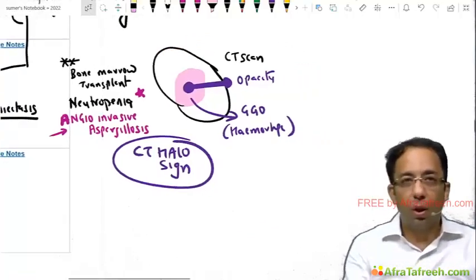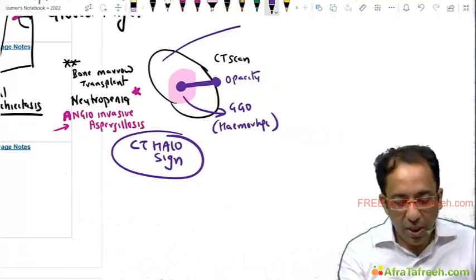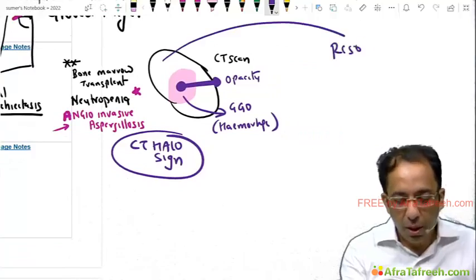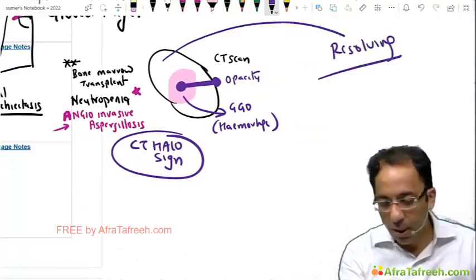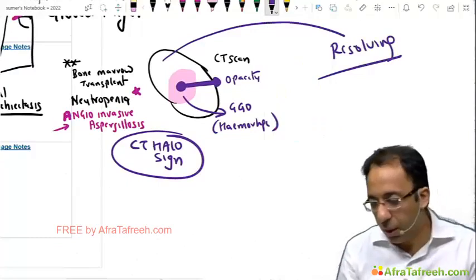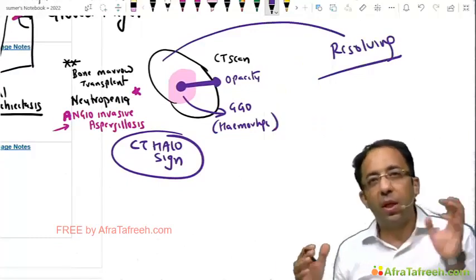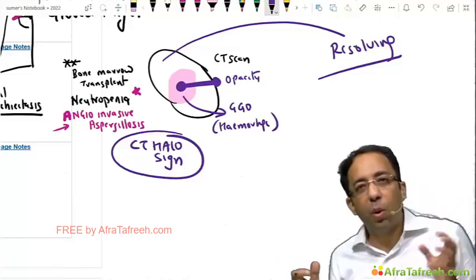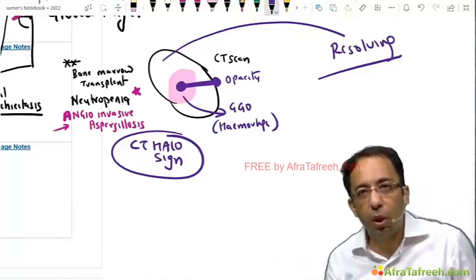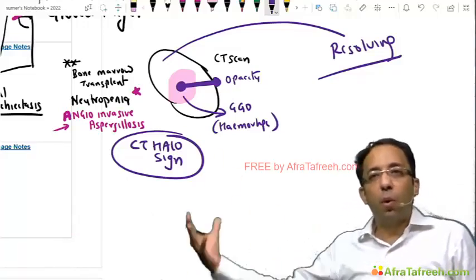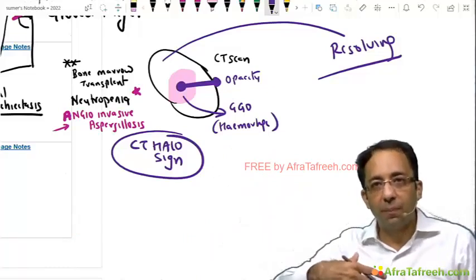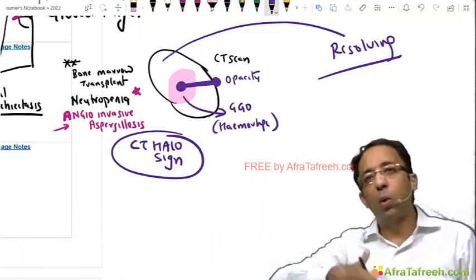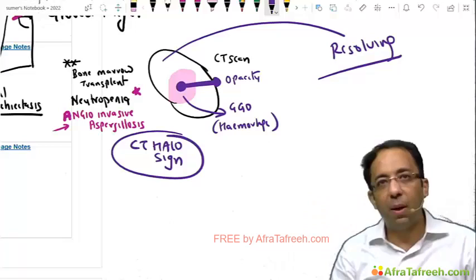Okay, now, but when this is resolving, slightly little bit more to understand, then I'll explain to you. When you transplant bone marrow, the transplanted bone marrow will now take up the function. So when the transplanted bone marrow starts to function, what will happen? Anybody?